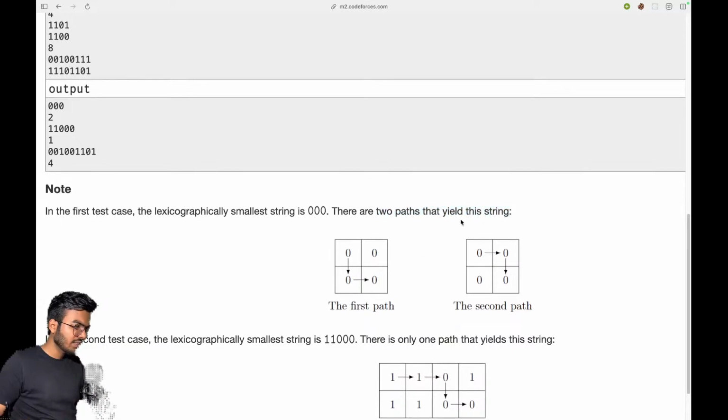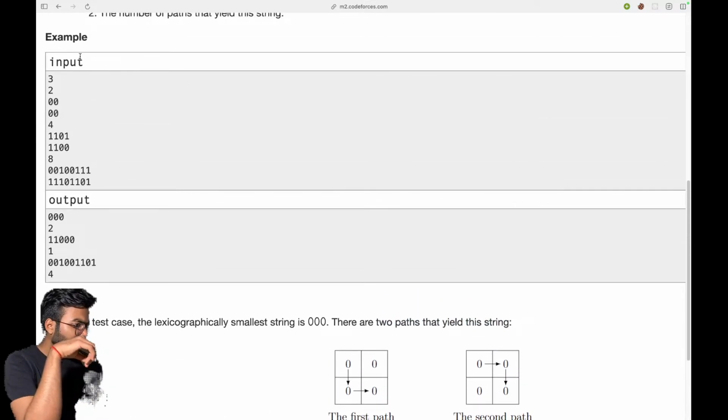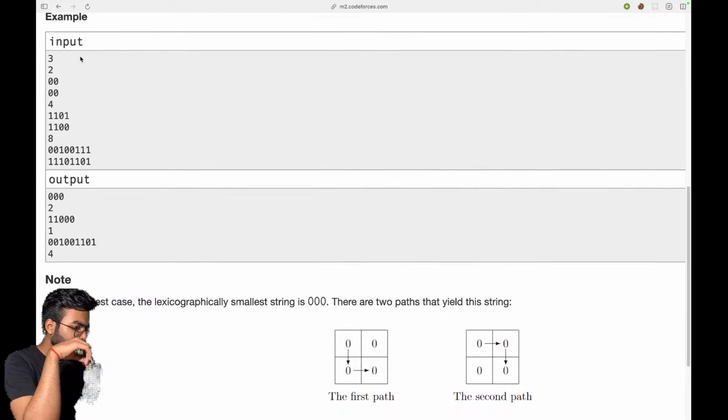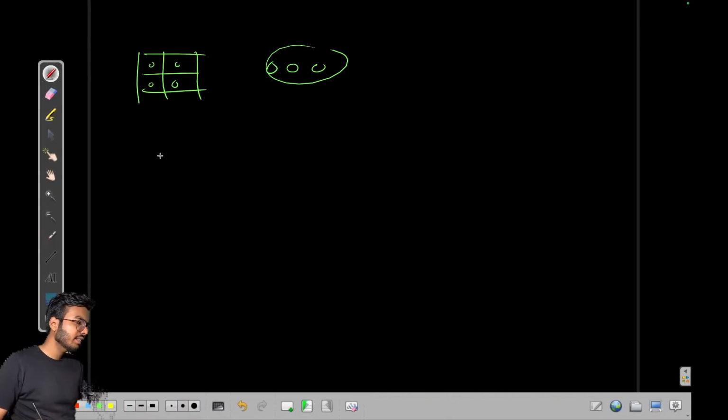So there are two paths that yield the same string, and then what can we do? If I am at a 0, and on the right there is a 0, and below there is a 0, and then I have a 1 or 0, it doesn't actually matter.